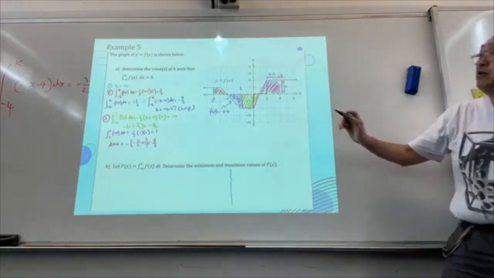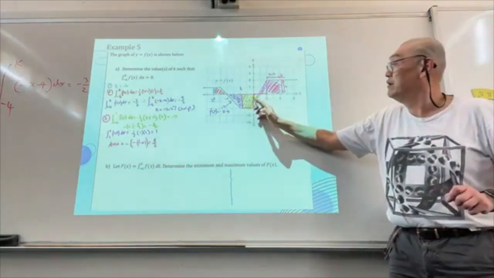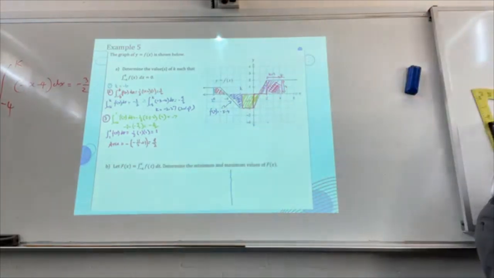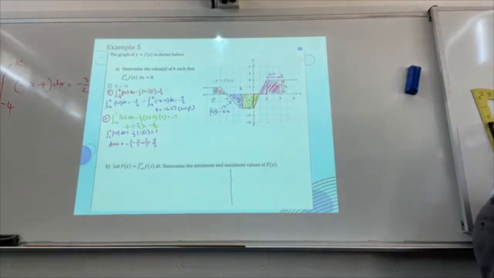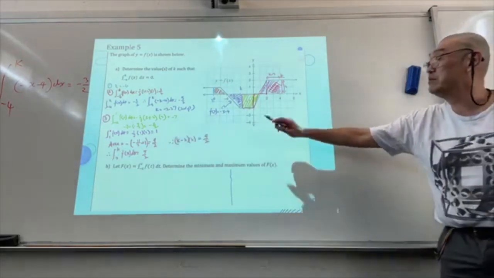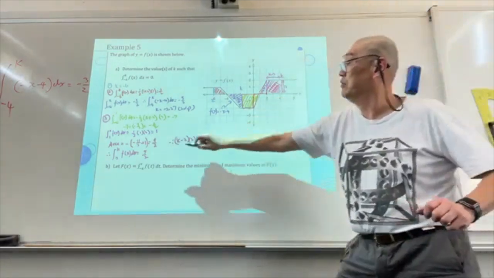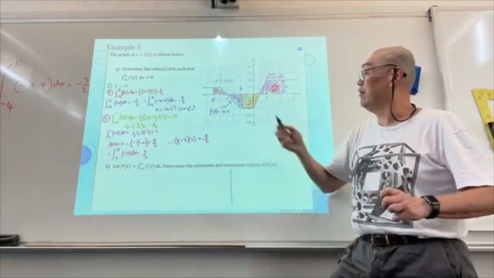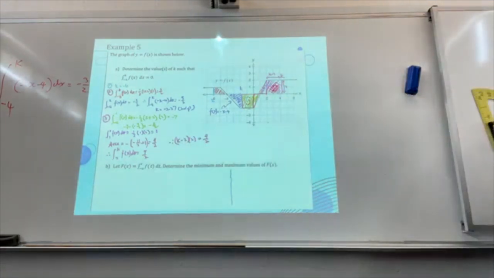Again, you know this area, take away the triangle, which is 9 over 2, and therefore K minus 2 times K is minus 2. K minus 2 times 2 is 9 over 2. That is this bit, this area here and that area there. Alright? And then you can solve for K.